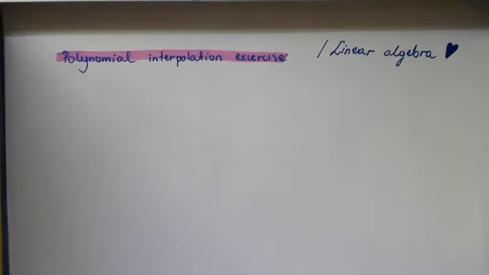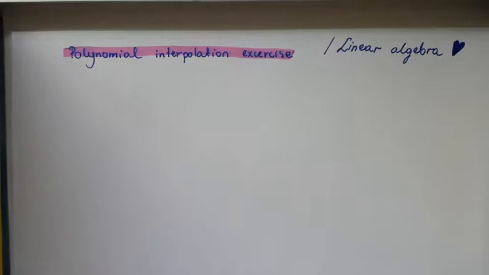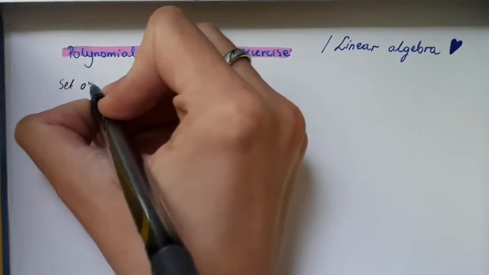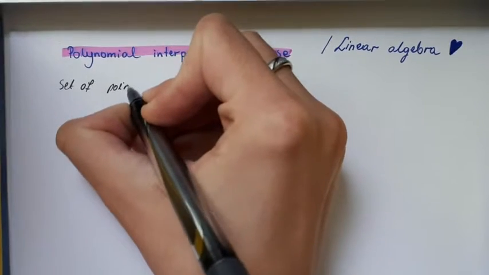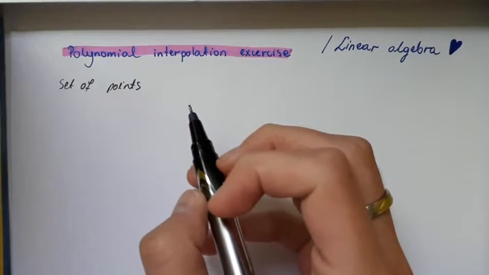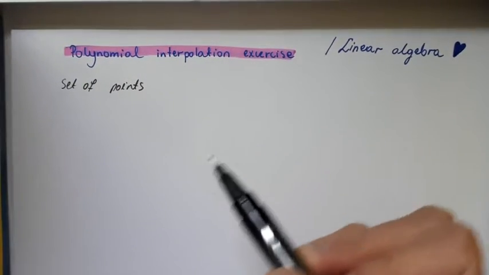Okay, first of all, what is polynomial interpolation? In a simple way, we have a set of points and we know a polynomial will result from connecting these points.